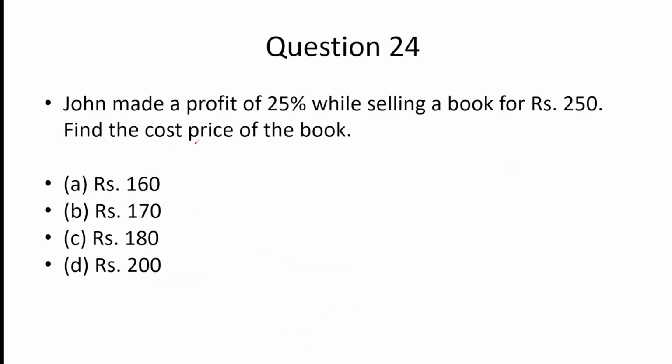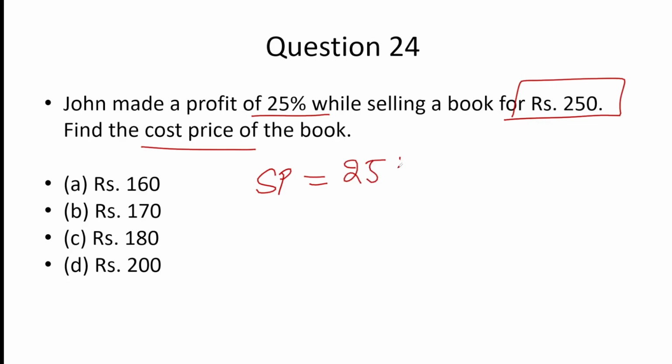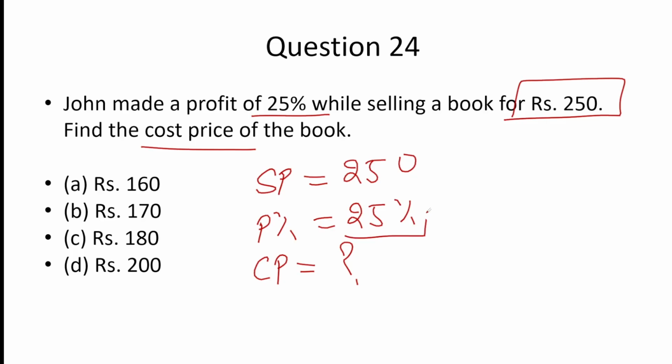Next question is based on profit and loss. John made a profit of 25% on selling a book for rupees 250. Selling price is 250, and the profit percentage is 25%. You have to find the CP. How can we find the CP? If there is 25% profit, it means selling price percentage will be 125%, 100% plus 25%.